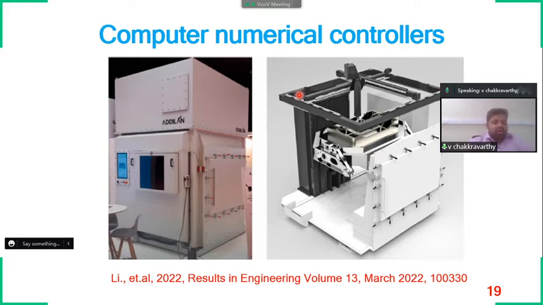Especially with the GTAW process or plasma arc welding process, this CNC based controller is not that suitable, because the wire is fed coaxially using an automatic wire feeder mechanism, where the torch and wire both have to tilt simultaneously for making any deposition. Such provisions are not there with CNC based controllers.